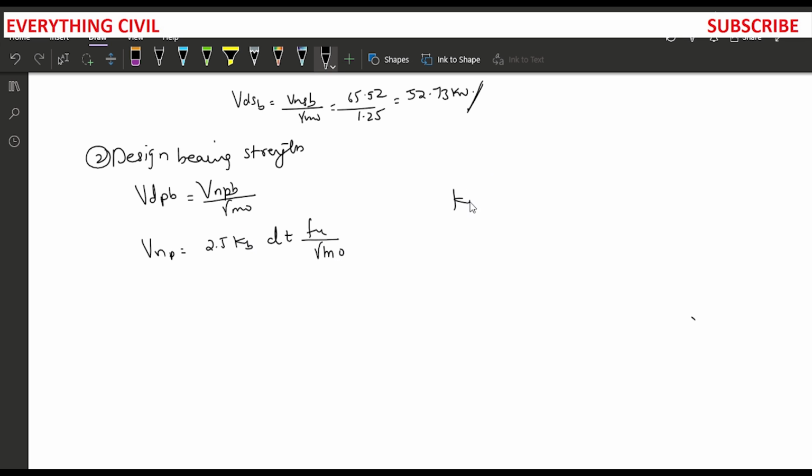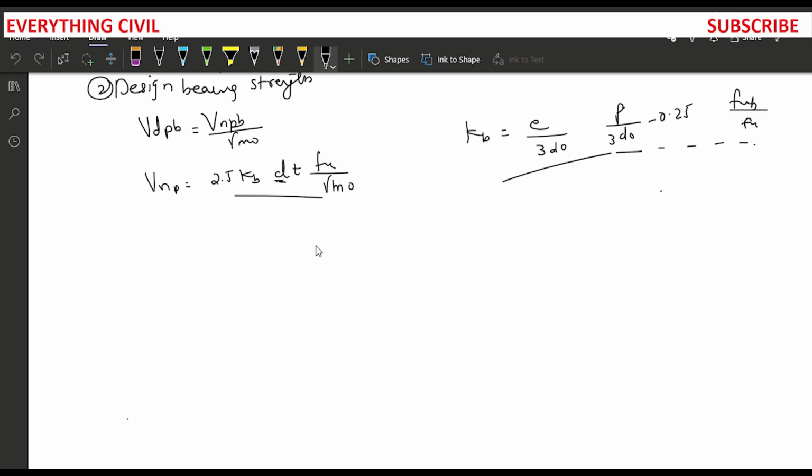Now for finding out kb there are three conditions, so you can go ahead and watch the video. It's in the video, that is e upon 3 d0, then p upon 3 d0 minus 0.25, then FUB upon FU. So I'll find out all these three and just find out what is the lesser among these three and just put it here in the formula.